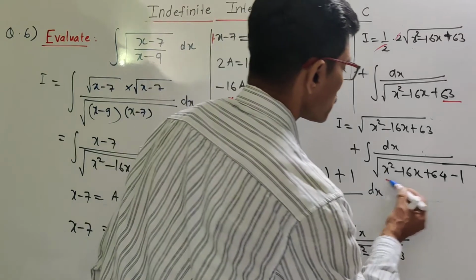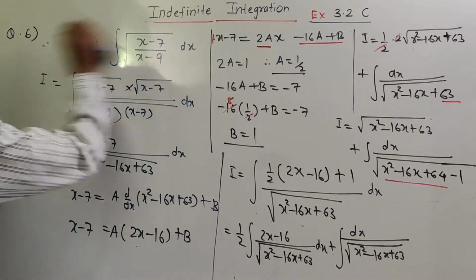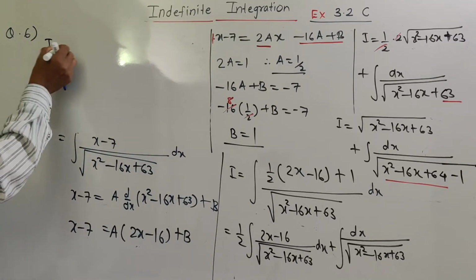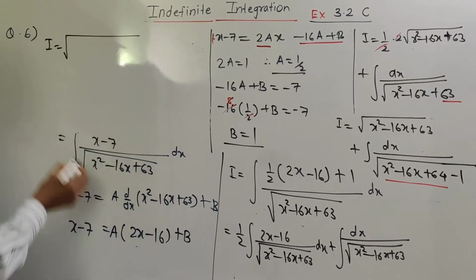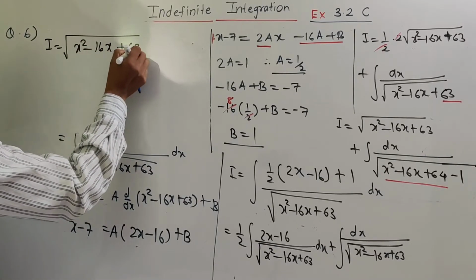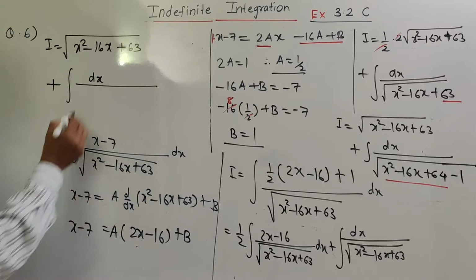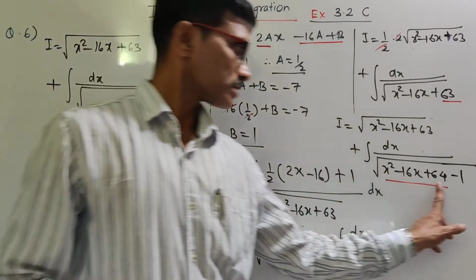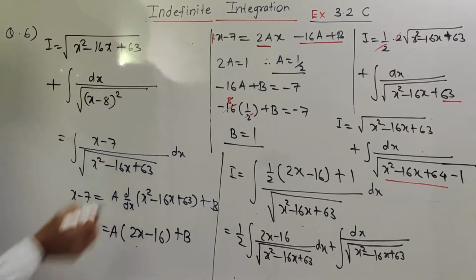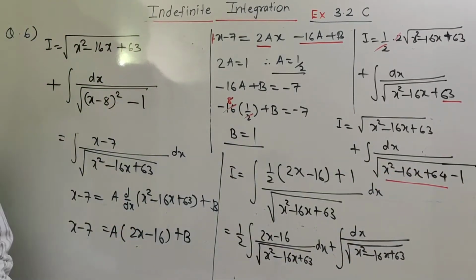And x square minus 16x plus 64 is the square of x minus 8. So I is equal to root of x square minus 16x plus 63 plus dx upon root of x minus 8 whole square, that is x square minus 16x plus 64 minus 1.